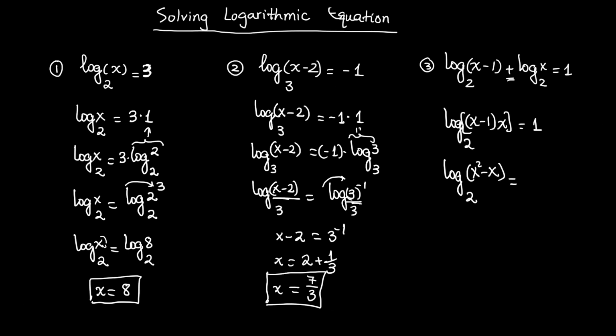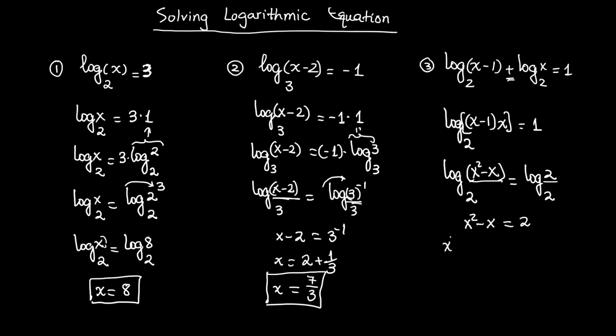I want to have log on both sides, so I just put log base 2 of 2 because this is also 1. Why 2 on both sides? Because I want to have log on both sides and of the same base. From here, I can just say x squared minus x equals 2.